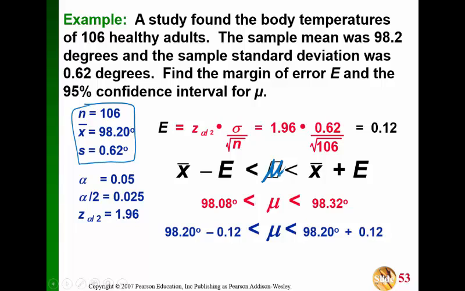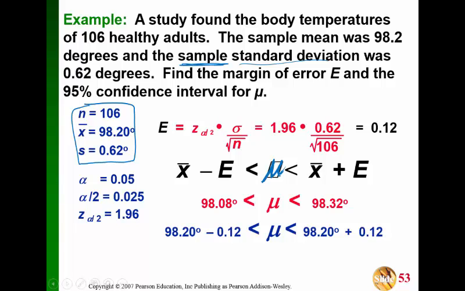That's one of the things we need to do with word problems: read it and pull out all the relevant information. We know that 106 is your sample size, and they gave us the sample mean. And now it's important that when they say the standard deviation was given, it's 62.62 degrees.